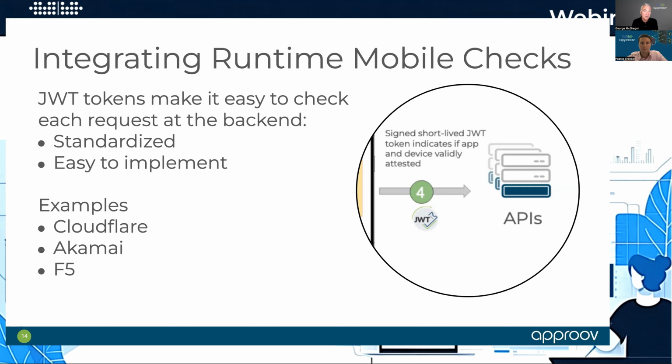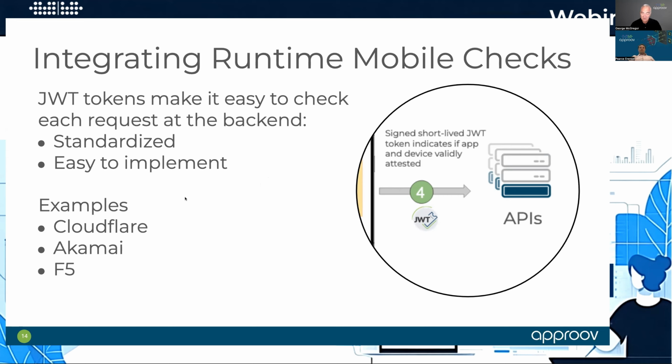And this is because it's a standard JWT token, which is included in every request. Most customers, as we mentioned, have a cloud service or a WAF in front of the application servers, and all or most of them support the decoding and use of JWT tokens. So, that standardized, simplified approach makes it very straightforward.